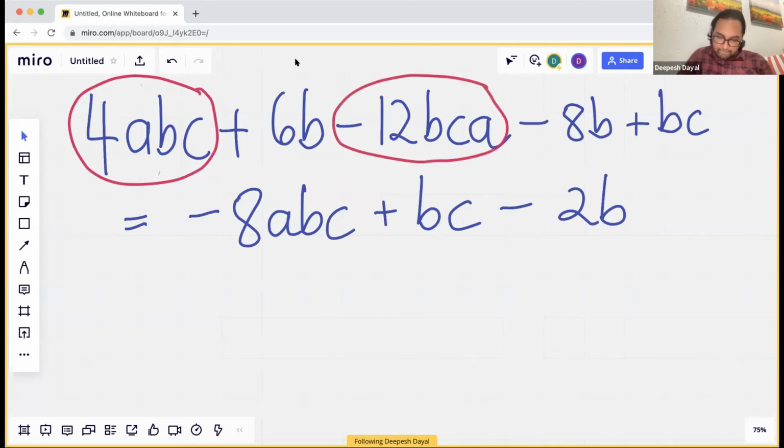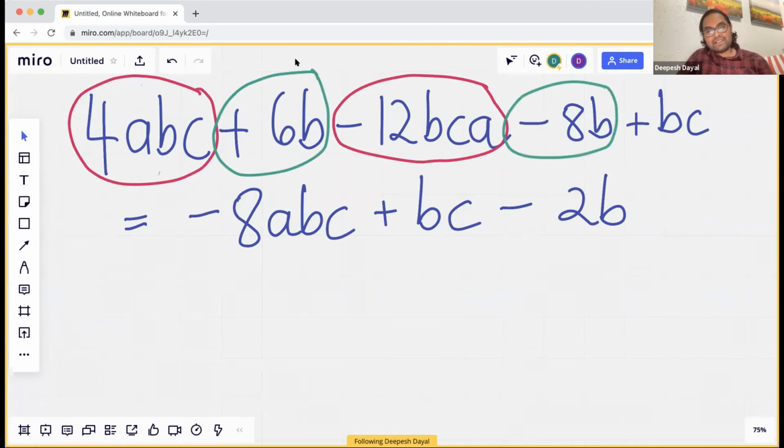Okay. So let's circle them, right? Very important to circle them. Then we circle the sign in front of it as well. So it's 4abc minus 12abc. You've got 4, you take away 12, and you end up with minus 8abc.